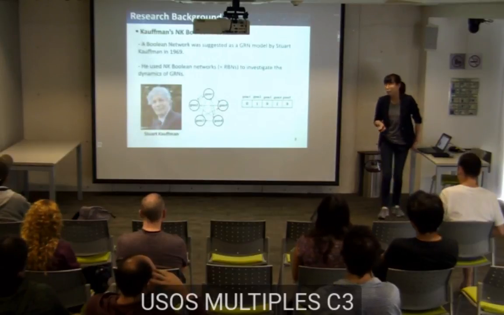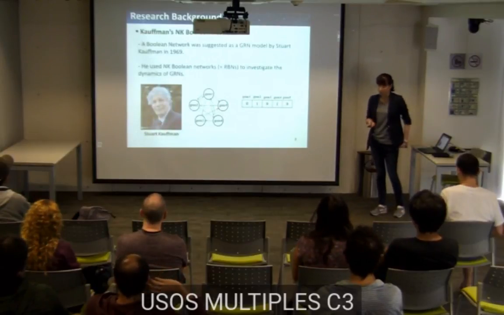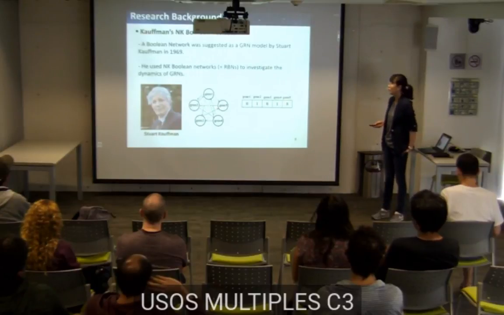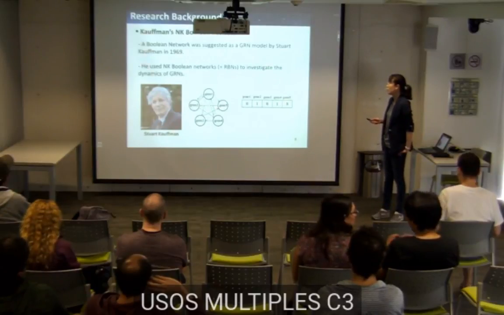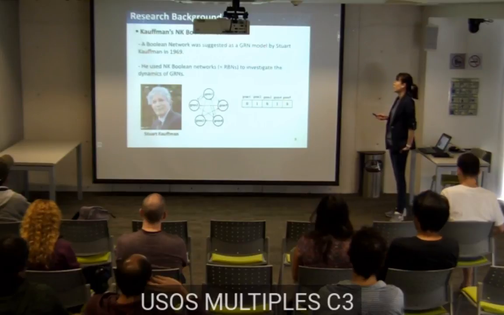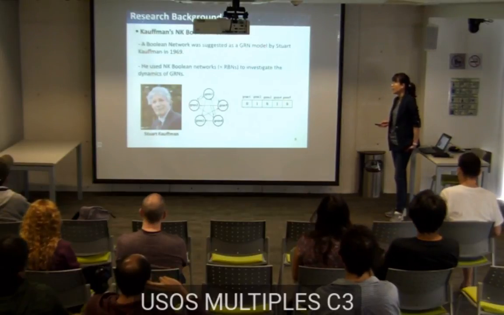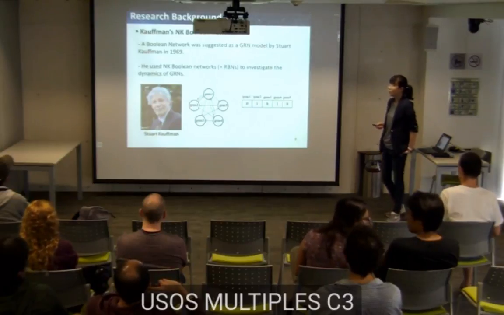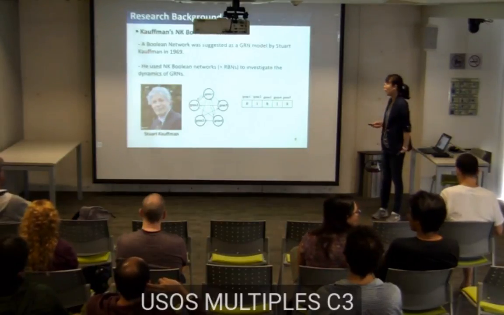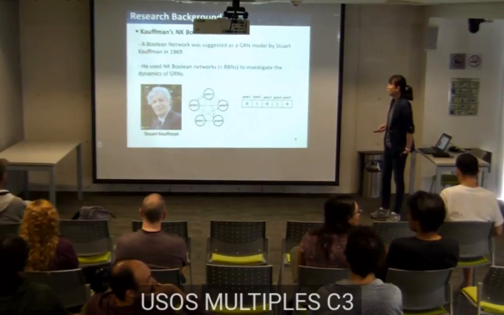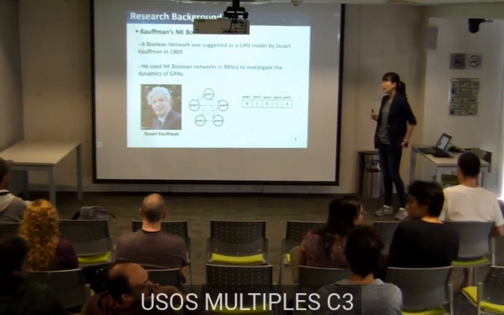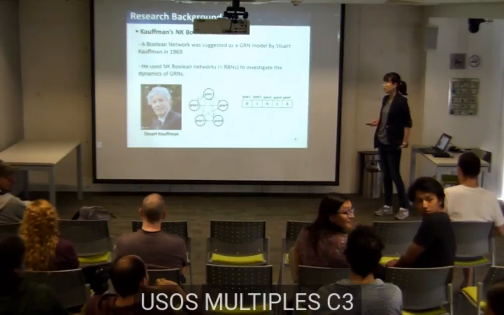Let me talk about Boolean networks in more detail. A Boolean network was suggested as a gene regulatory network model by Stuart Kauffman in 1969. He used NK Boolean networks, also known as random Boolean networks, to investigate the dynamics of gene regulatory networks.